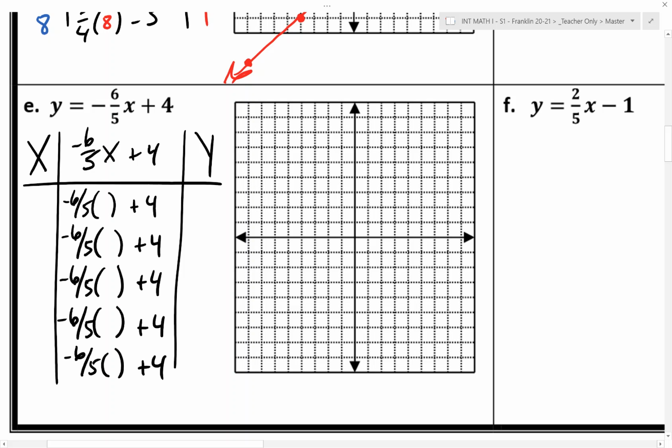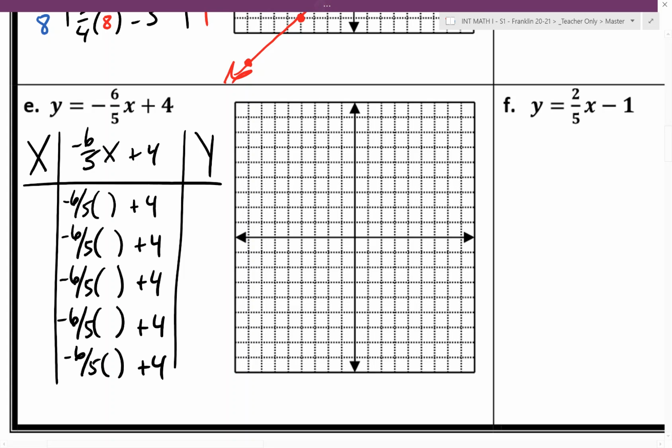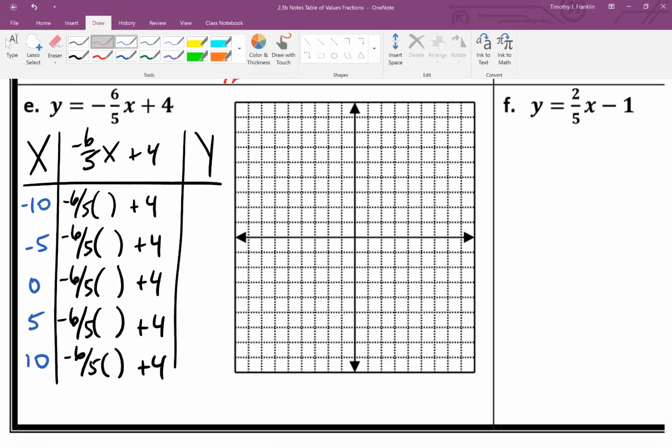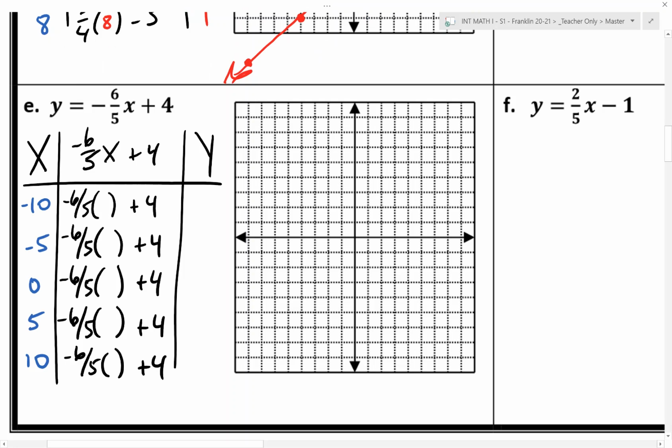Since the denominator is 5, we're going to use the multiples of 5, which are negative 10, negative 5, 0, 5, and 10, which are getting sort of large, but 10s and 5s luckily are pretty simple to do operations with. So we're going to put in negative 10 here, negative 5, 0, 5, and 10.